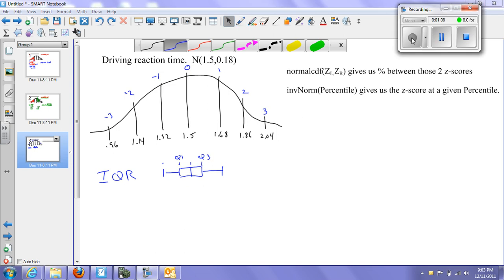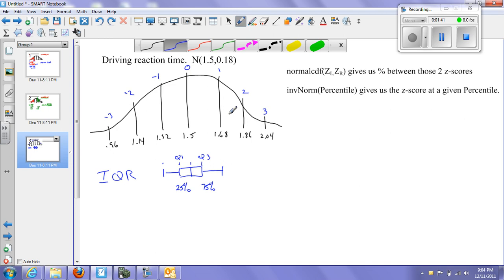If we look at the percentages, Q1 represents 25% of the values, and Q3 represents 75% of the values. So between 25% and 75%, we have 50% of the values. But this is telling us something interesting. I'm looking for the interquartile range in terms of a normal curve.